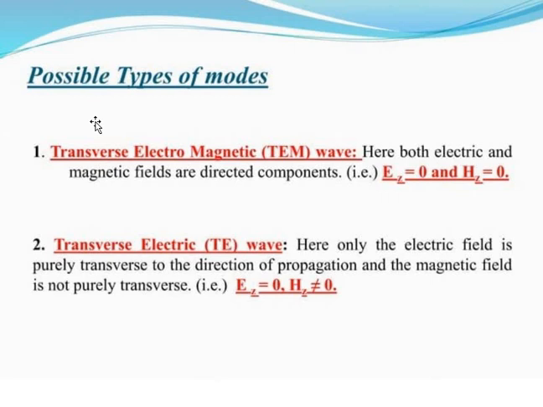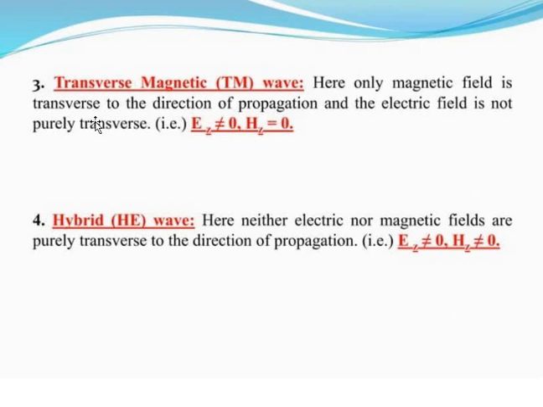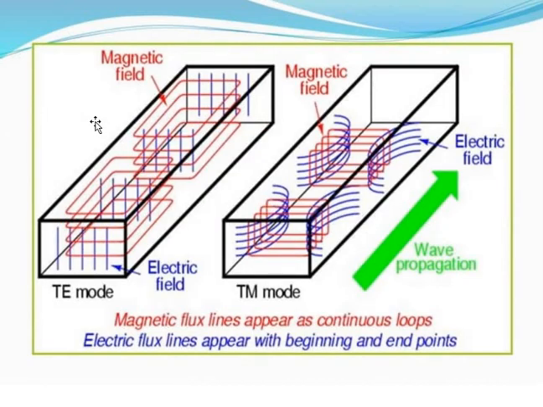Next is the transverse electric wave, where the electric field is kept zero and magnetic wave is transversed. Then is TM mode, in which the magnetic field is kept zero and electric field is not equal to zero. The hybrid HE, where we will send both of them all at once.